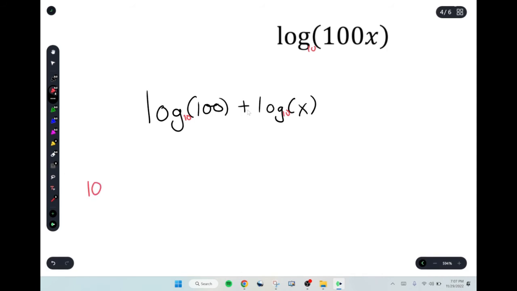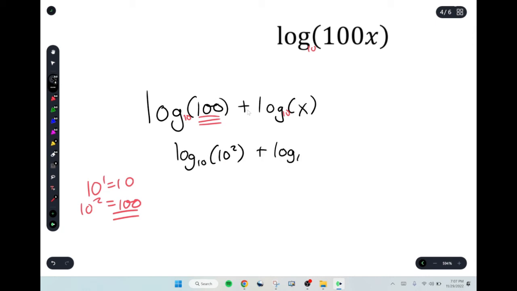And then the second thing we say is 10 to the 1 is 10. 10 to the 2 is, there's our bingo. Okay? So the log base 10 of 10 squared plus the log base 10 of x leaves us with 2 plus log base 10 of x. Because that cancels.